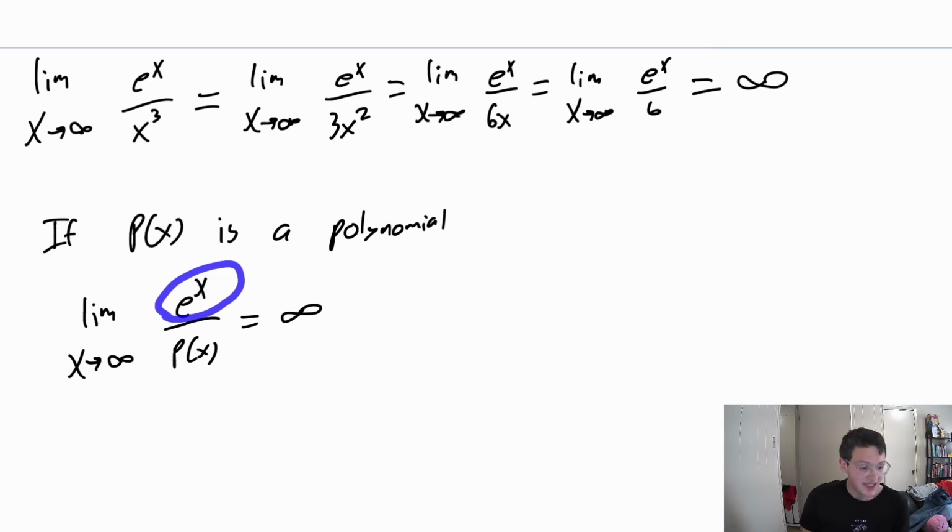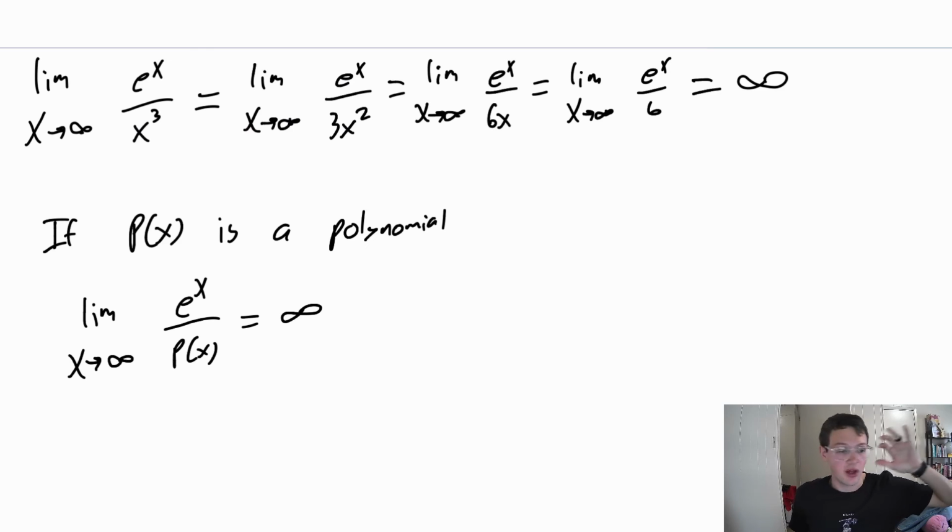And one way you can see that is that e to the x grows way faster than any polynomial ever can. If you go into Desmos and graph e to the x and then pick your favorite polynomial, even if it's something like x to the 250th power, some really large exponent, if x gets big enough, e to the x grows way faster than x to the 250th.